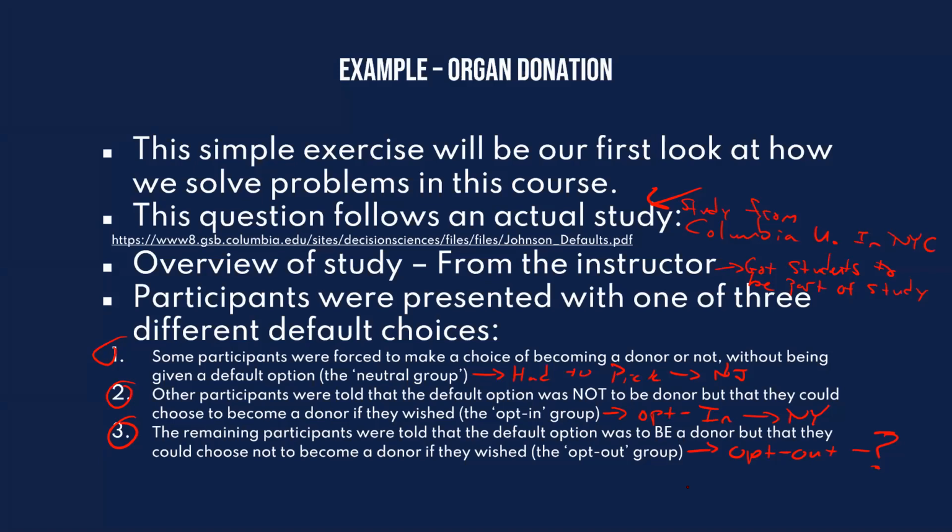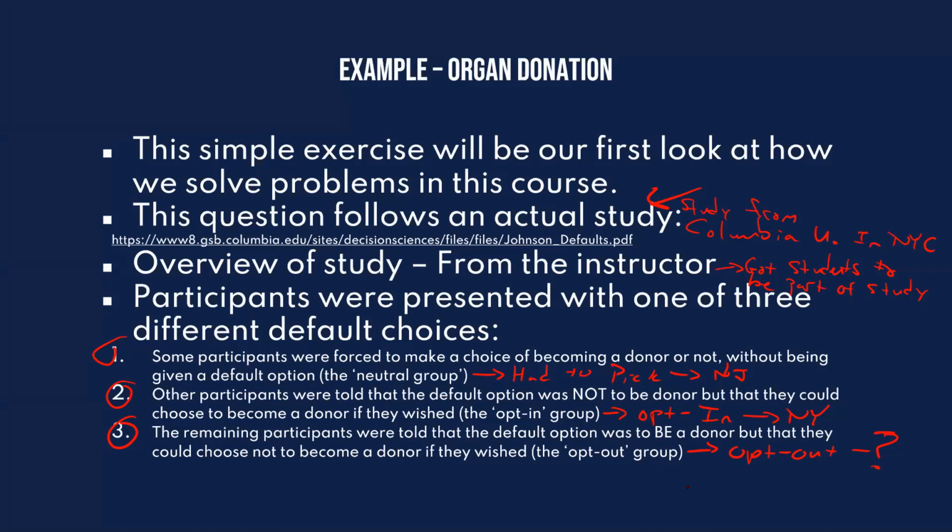So here's my question. I have 3 groups here. Do you think any of these groups are more likely to have people be organ donors than the others? Maybe in the chat, what group do you think would be the best at being an organ donor? Number 1, where people actually had to choose.